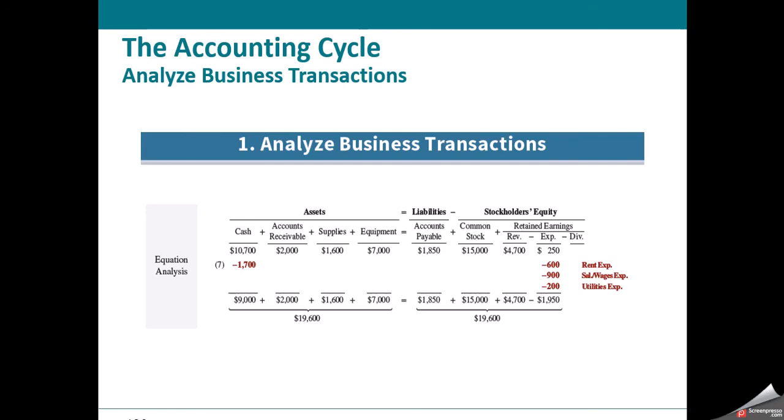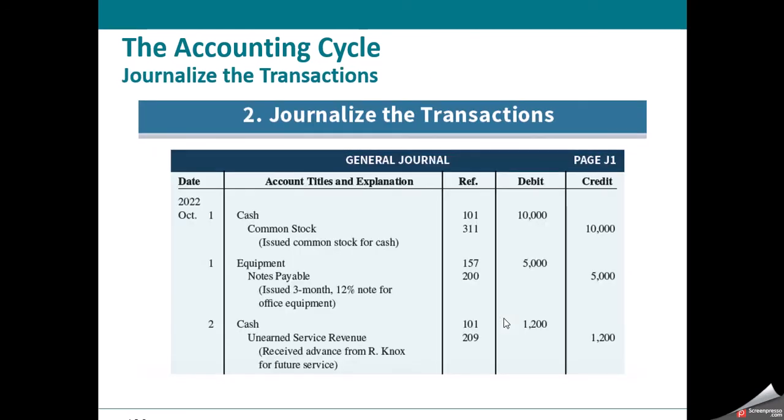So here we have analyzing our business transactions, again, kind of back to that very first step. Our accounting equation is assets equal liabilities plus our stockholders' equity. And we've got some of the numbers that are funneling in there, and coming out again, we're balancing on both sides.